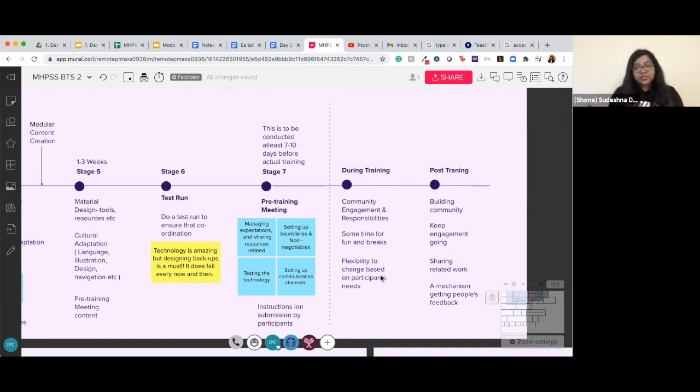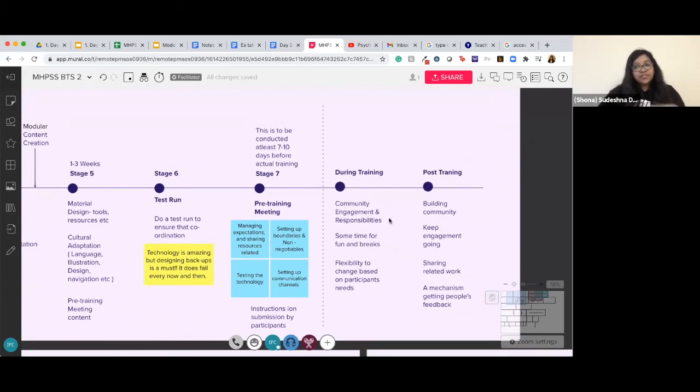Being flexible throughout the training was very important, because it was a 7-hour-long training. So we're talking specifically about the PSS in emergencies context. And then after the training, we built community by keeping them engaged, and Pred and everyone else were on this WhatsApp group where we shared our work.